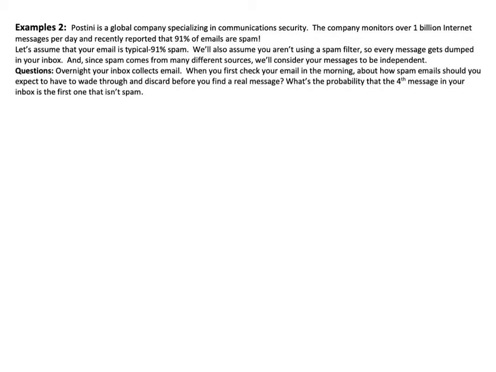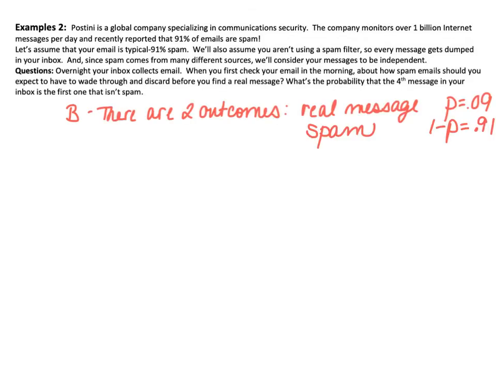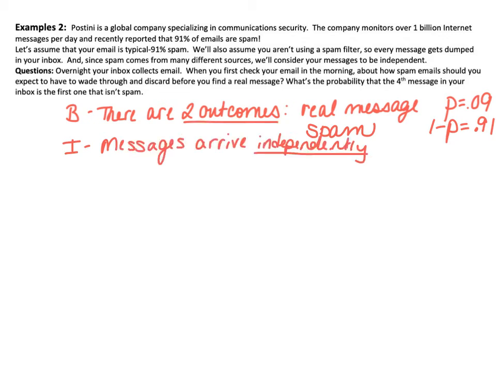So there are some conditions we need to check. First of all, B, is it binary? There are two outcomes, a real message, I'm going to say p is equal to 0.09, and 1 minus p would be 0.91. Next, I, independence. Well, we're told that the messages arrive independently.